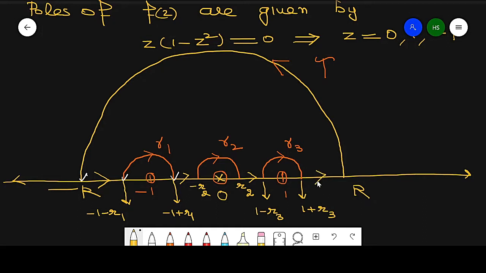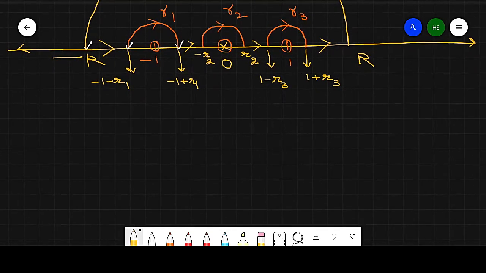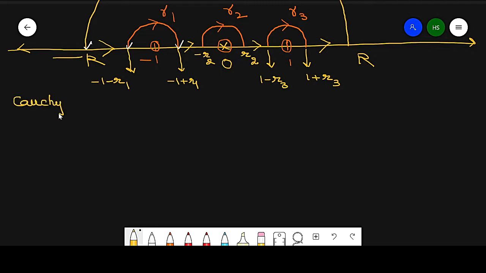Now the function is analytic in this domain, so by using the Cauchy residue theorem, because it has no singularity inside, I can say the total integral is zero.